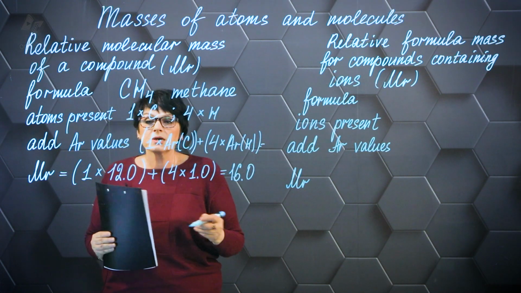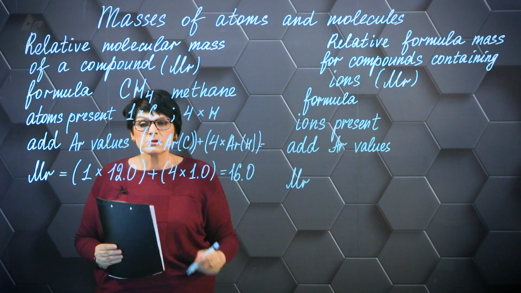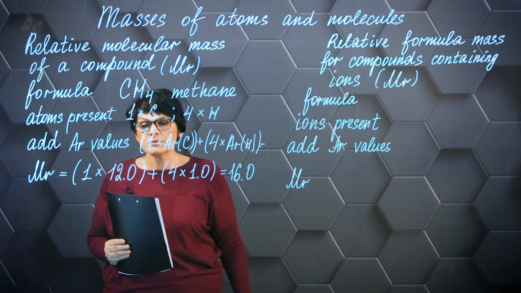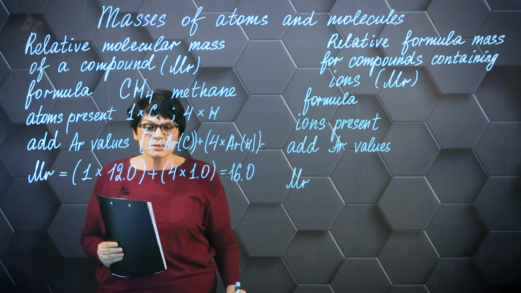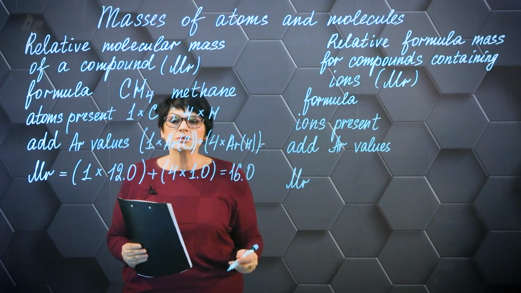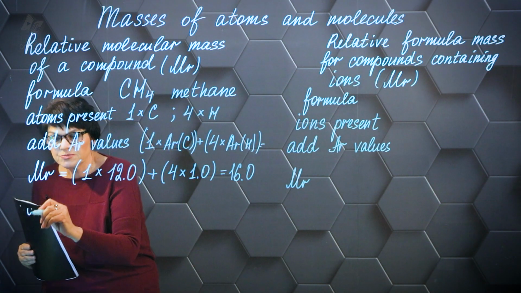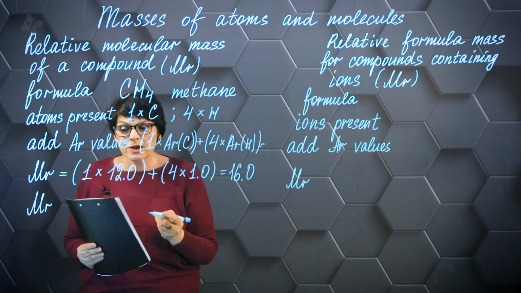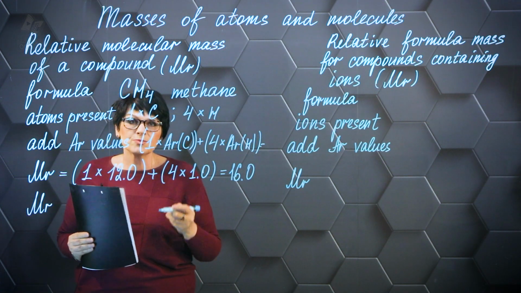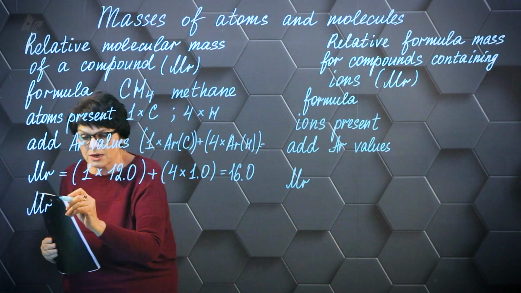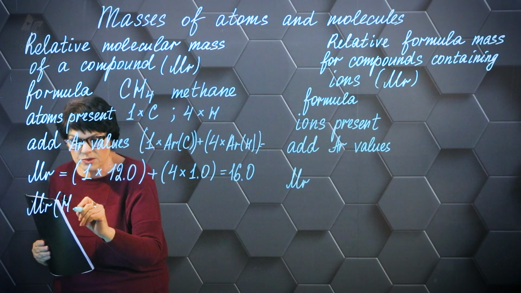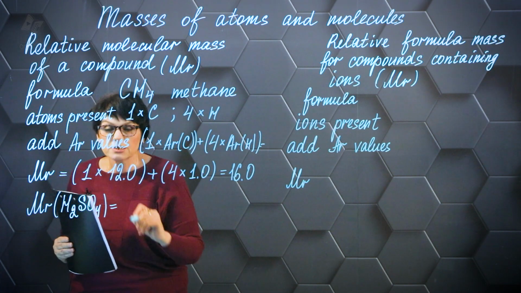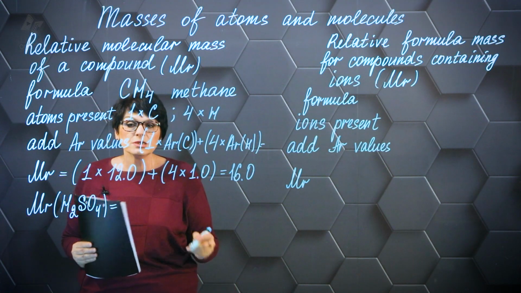Of course, when you do such calculations in large quantities, it is not always necessary to write them out each time in this way, so you can make the calculation shorter and write it down in a more compact way to simplify it. So let's calculate what the mass of sulfuric acid will be equal to. This is also a compound made up of molecules.